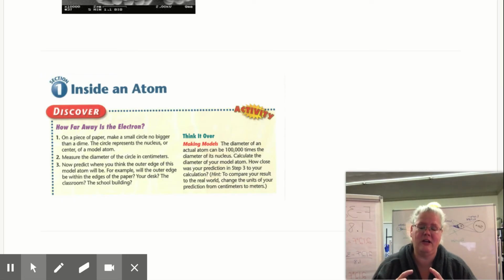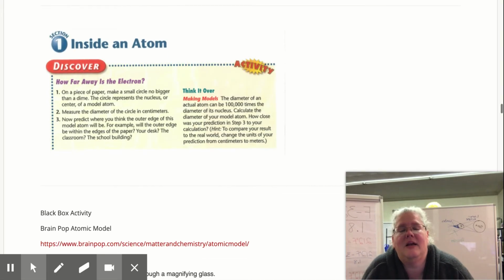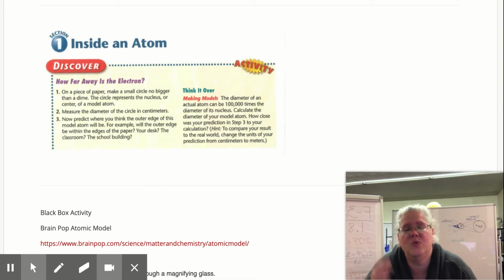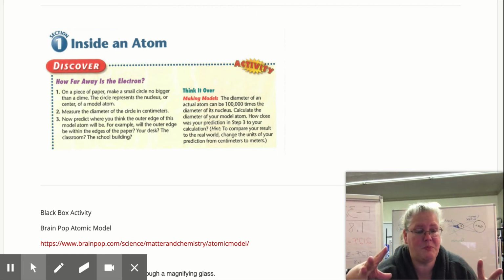Although there is a pattern of how close they can get to the nucleus, and energy can be released if you force them up or down, but that's kind of like nuclear reactions, so we'll talk about that a little later. But atoms are so tiny, and the bulk of their substance is in the nucleus, but the bulk of their space is taken up by the electron cloud, which has hardly any mass at all.